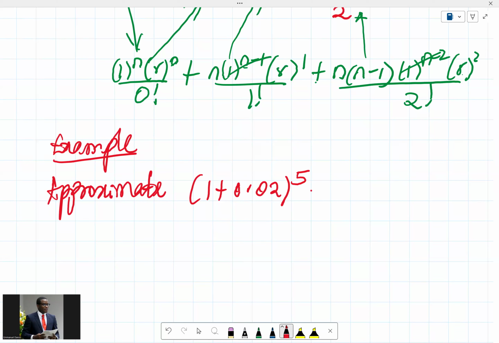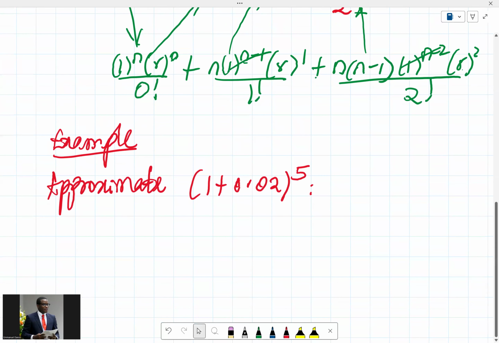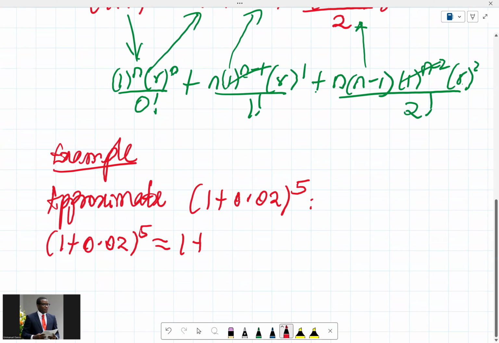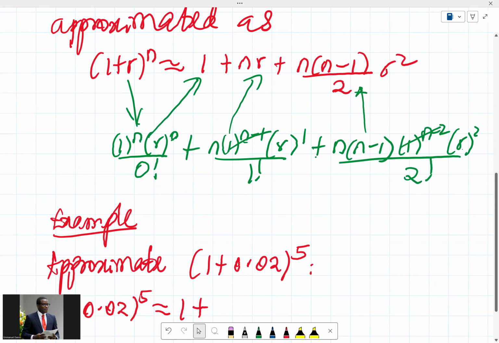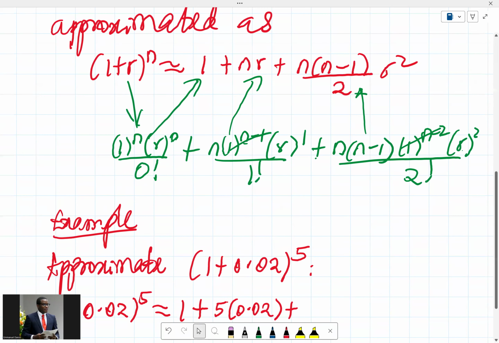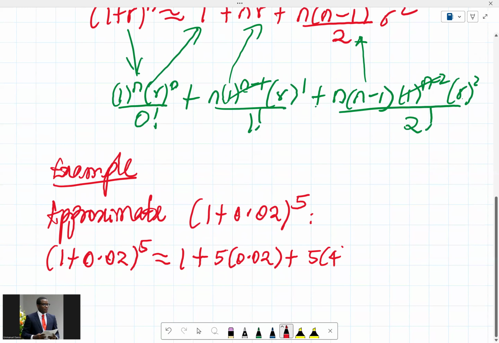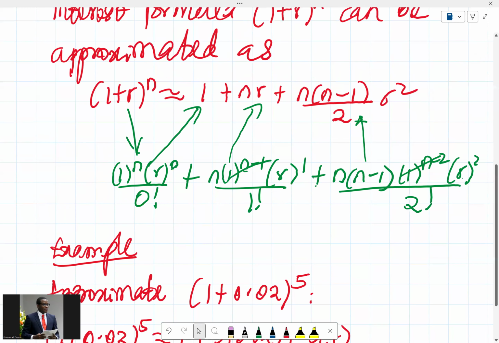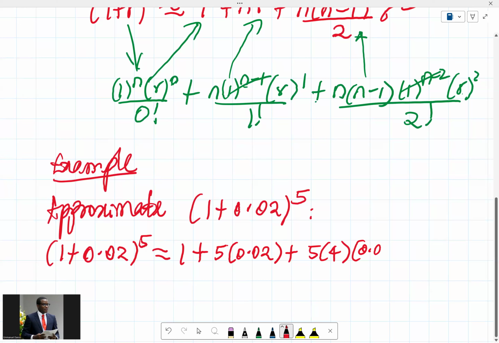We can basically use the binomial expansion. 1 plus 0.02 raised to power 5 is approximately 1 plus 5 times 0.02, plus 5 into 5 minus 1, that's 4, times 0.02 squared, all divided by 2.